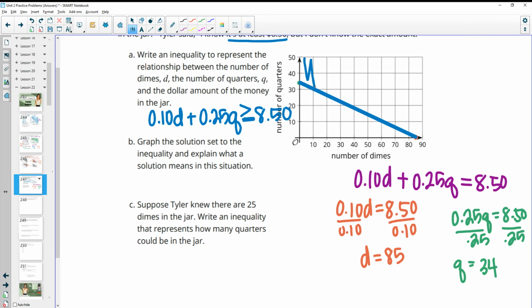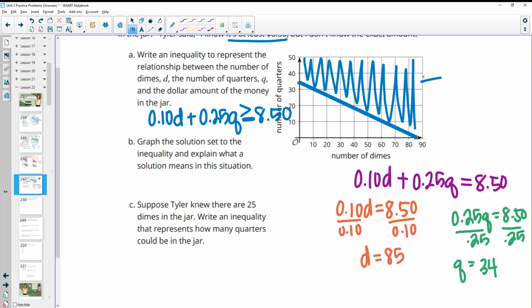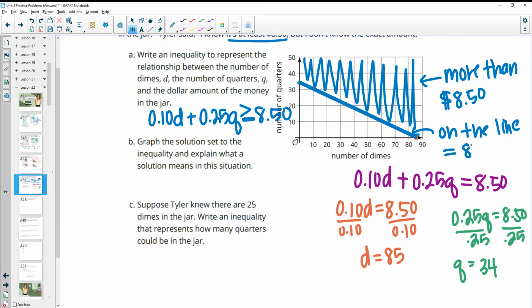So above $8.50 would be the at least. So up here would be he has more than $8.50 if he's in any of this shaded region. And the boundary line is exactly $8.50. So that's equal to $8.50. And then everything above the line is higher than $8.50.